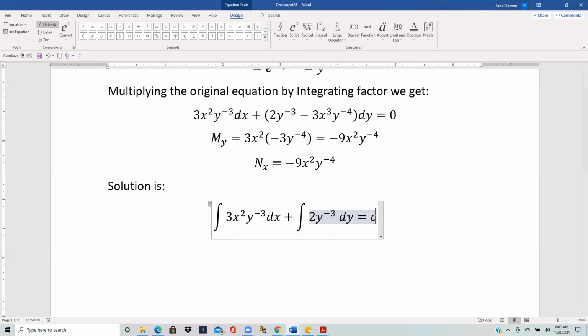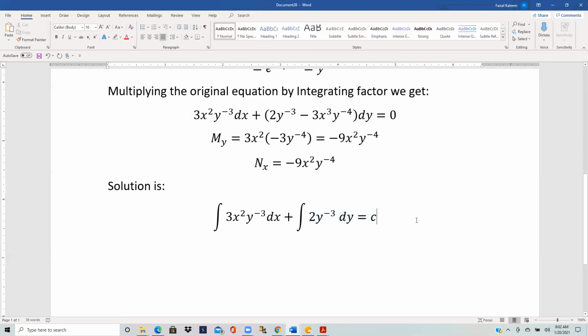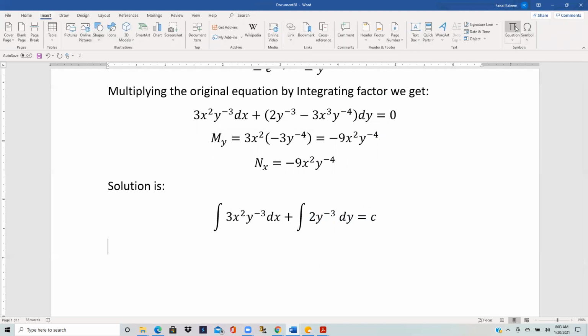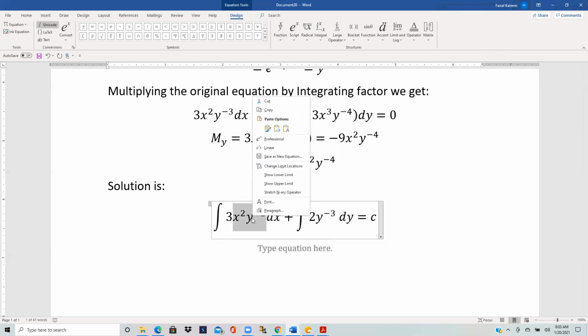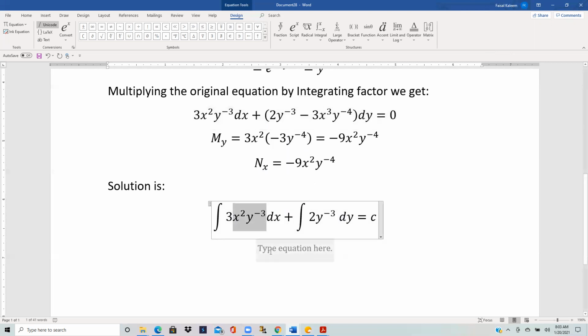is equal to c. And then the integral of 3x squared would be 3x cubed over 3. So just x cubed. So x cubed y to the -3.